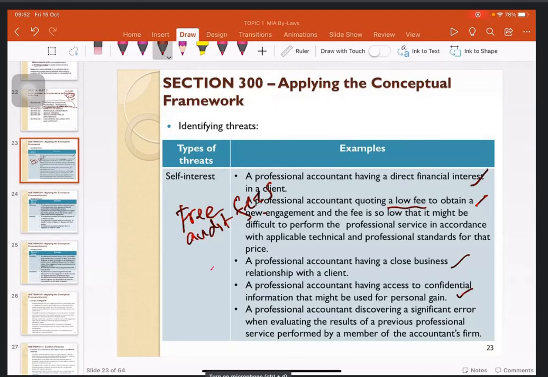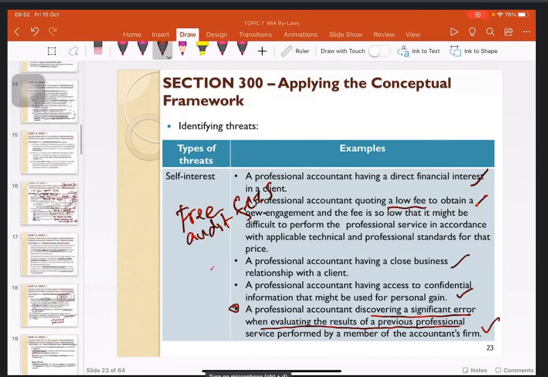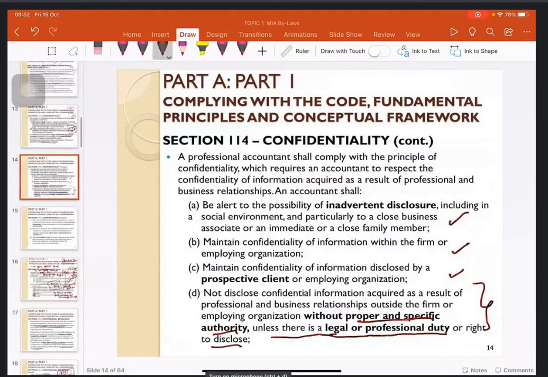Next one adalah kalau you discover significant error when evaluating the result of previous professional service performed by members of the accountant firm. Okay. This one can be under self-interest. This one or it can be under, kita tengok tadi adalah under familiarity. Cuba tengok yang tadi ya kelas ya.